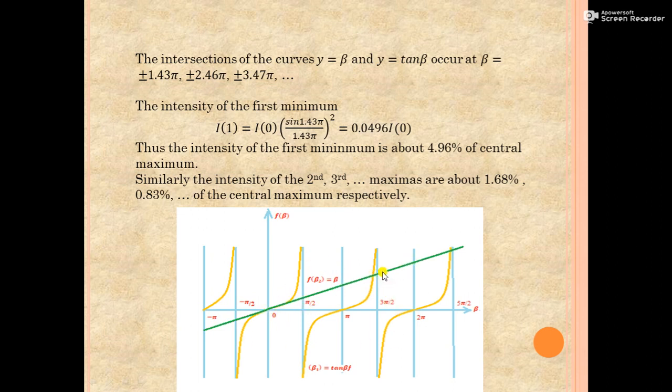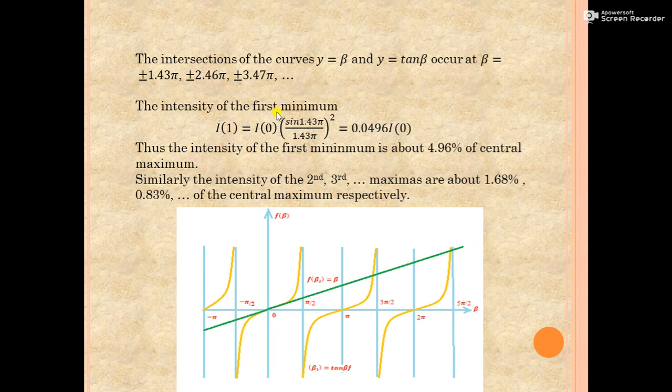The intersections occur at the points beta equal to plus minus 1.43 pi, plus minus 2.46 pi, plus minus 3.47 pi.